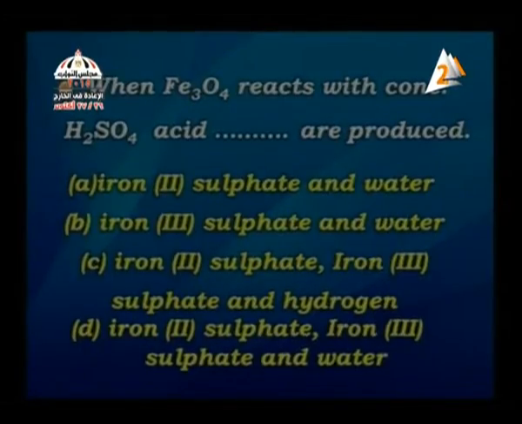My dear student, if you write the chemical equation representing this reaction, you will find the answer. It will be iron 2 sulfate and iron 3 sulfate and water. My dear student, remember that this equation proves that magnetic iron oxide is a mixture of two oxides.